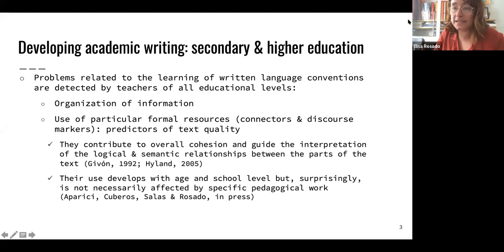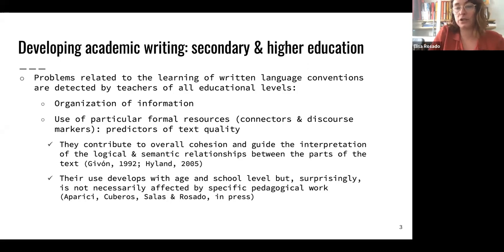So what we're considering today is the development of this analytical writing, in the context of secondary and higher education, as far as the organization of information, but particularly the use of formal resources to connect pieces of information is concerned. And we assume, because we have found that in previous literature, that the use of these resources is a predictor of the quality of the text.